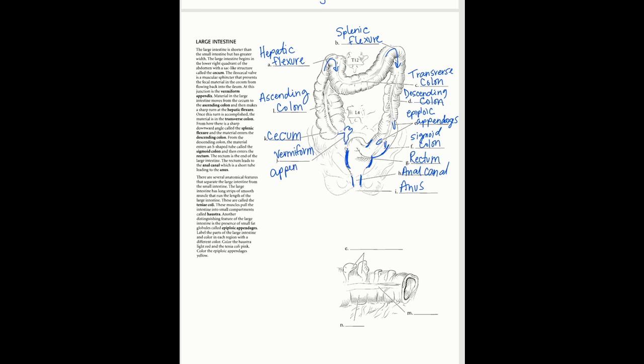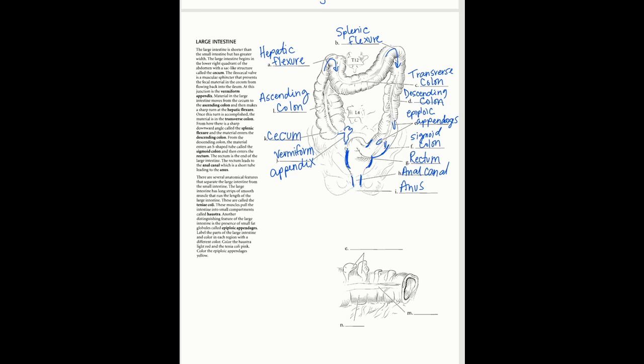This is essentially like a vestigial organ, meaning that they think it might have served a purpose in, say, our previous ancestors. But as of now, not so sure what its purpose is. We know that it holds a lot of bacteria, and that its rupture can be fatal because of that bacterial introduction to the body. So appendicitis, or inflammation of that, can actually be very dangerous.